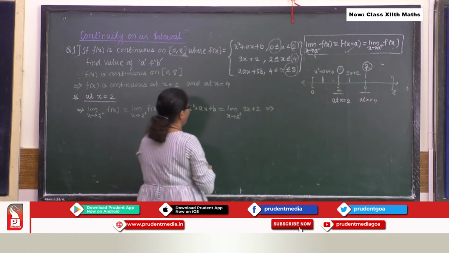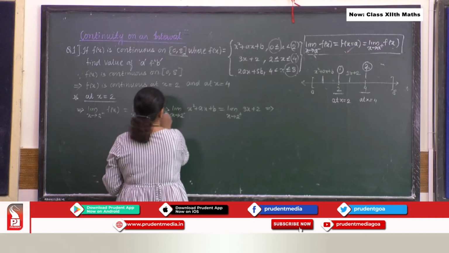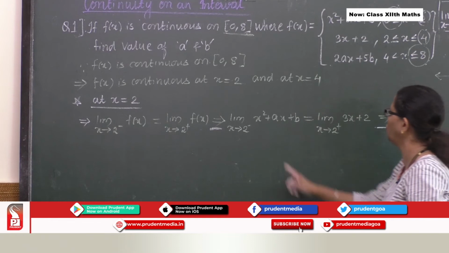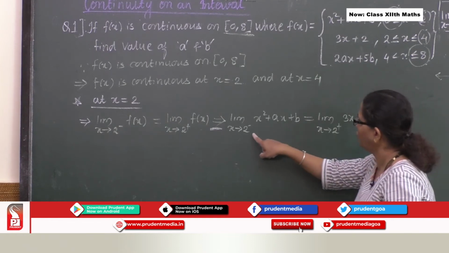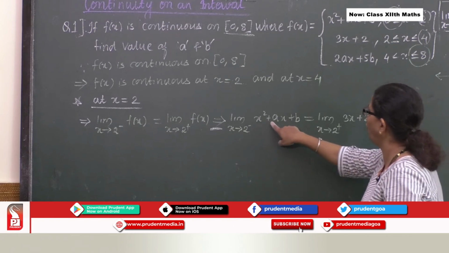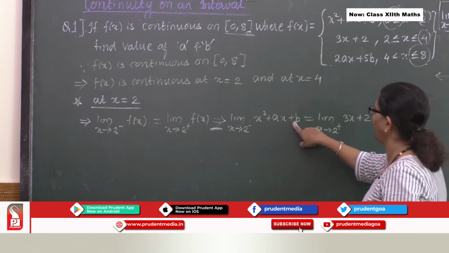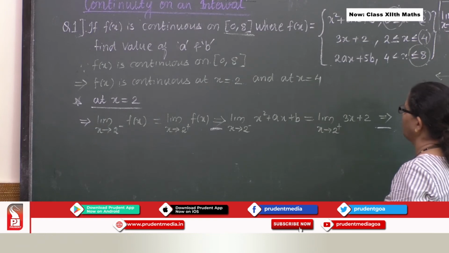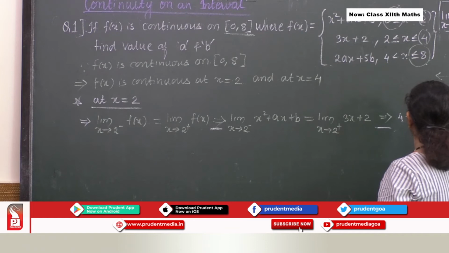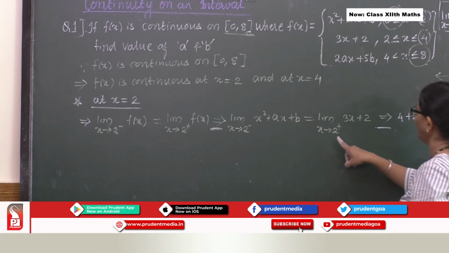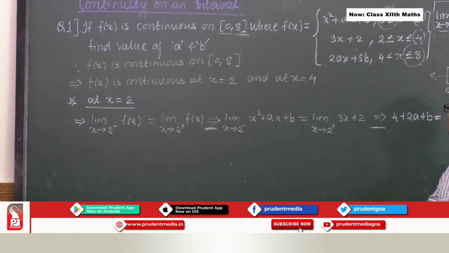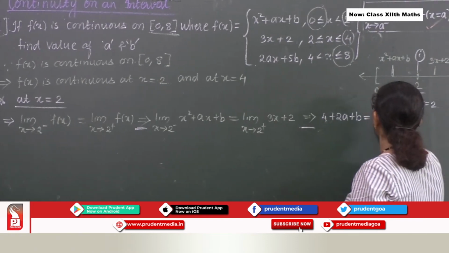Which implies, just substitute x equal to 2. You have 2 square, so 4 plus 2a plus b equals 3 twos are 6, 6 plus 2 is 8.